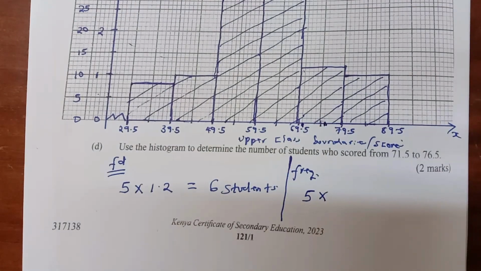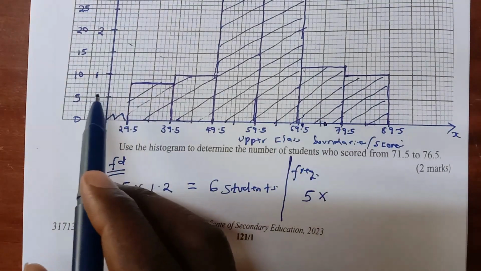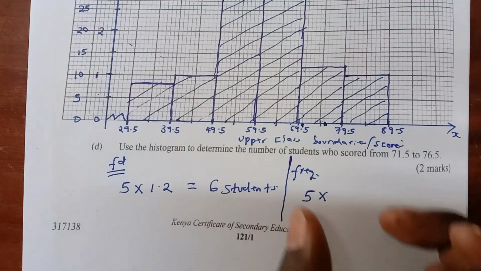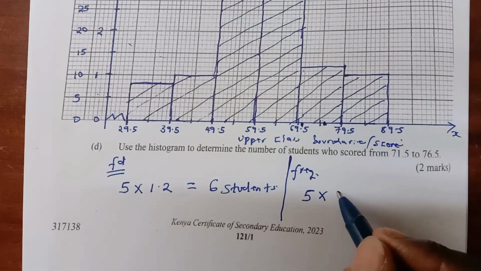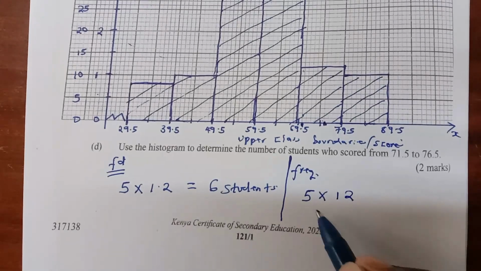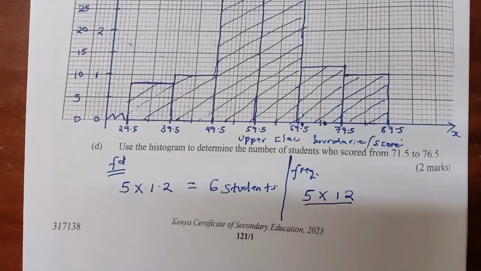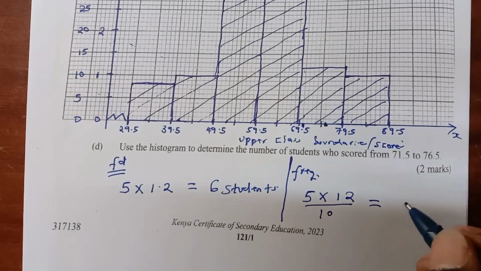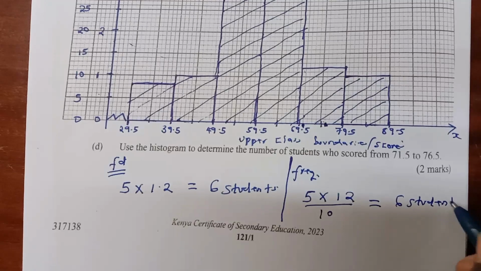Then multiply by the frequency of that particular bar, which is 12, then divide by the class width. The class width is 10, and this one still will give us 6 students. So any of those will garner you marks for this particular question.